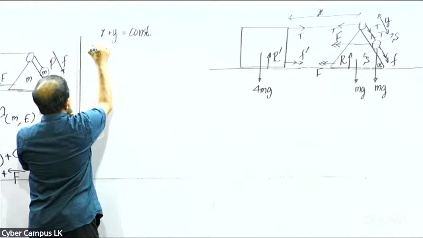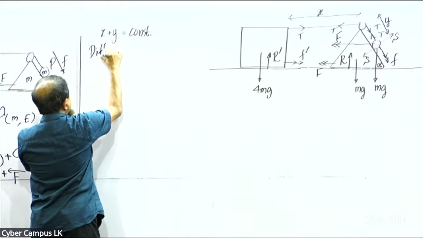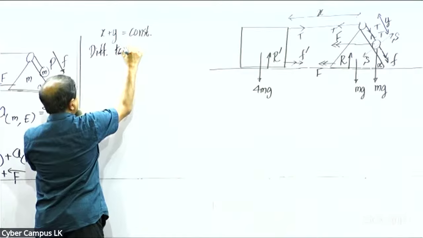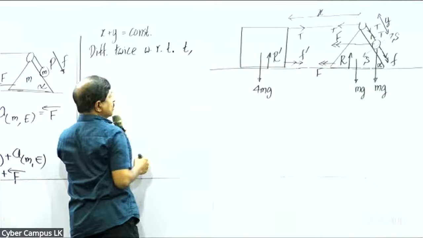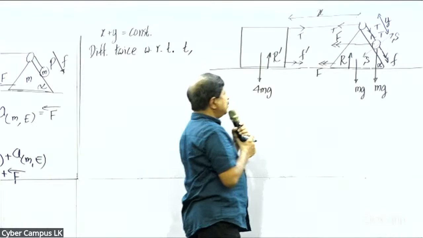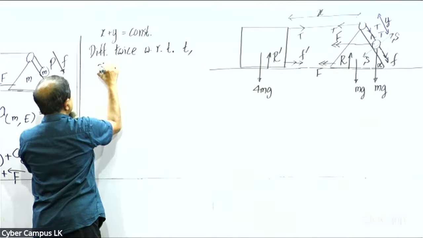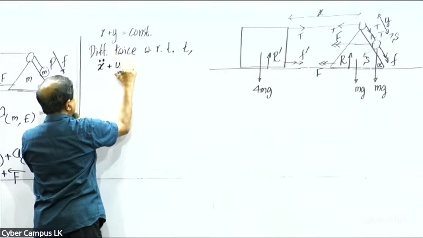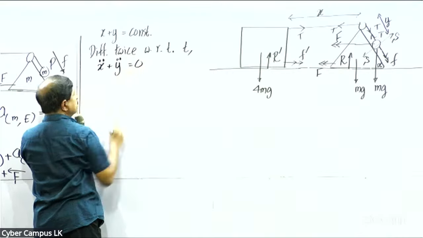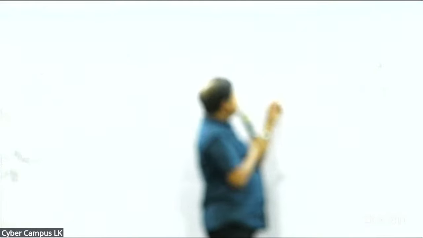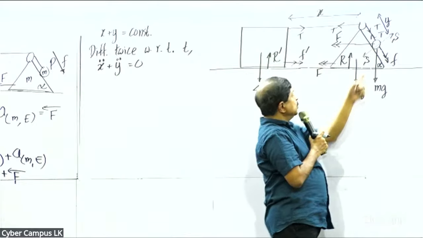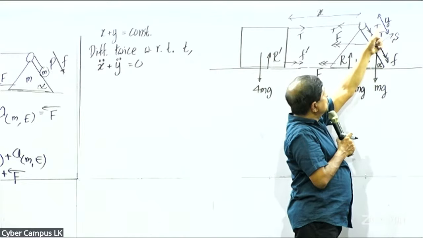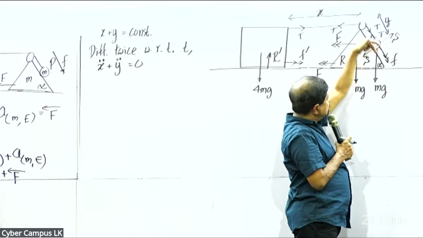So we'll differentiate this twice. You have x double dot plus y double dot is equal to 0. Now you can see that y depends on simple f.